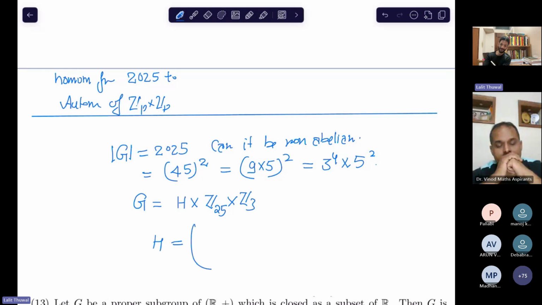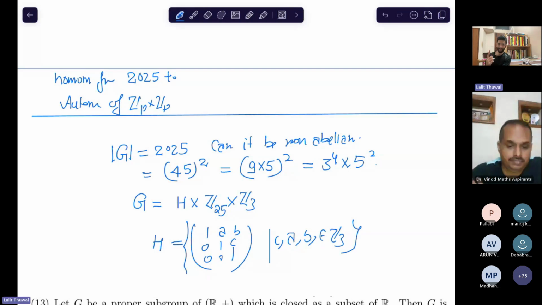What I told you just now, that there is a non-abelian group in which every element has order p, right? So just take a, b, c from Z3, and it's obviously a non-abelian group of order 3 cubed. You have learned it just now. Yes, that's what you have to apply.